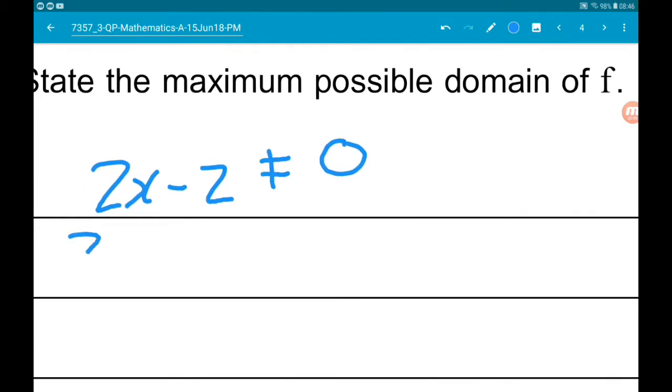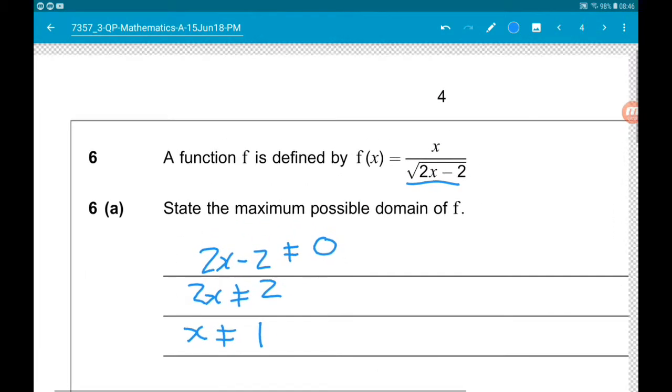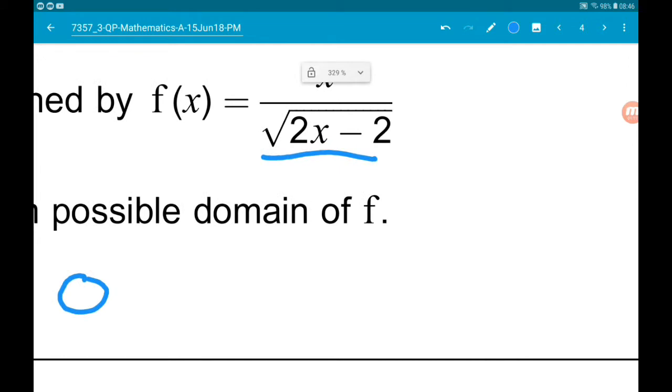So 2x cannot equal 2, x cannot equal 1. And then the other problem that's going to arise is that 2x minus 2 has to be non-negative.